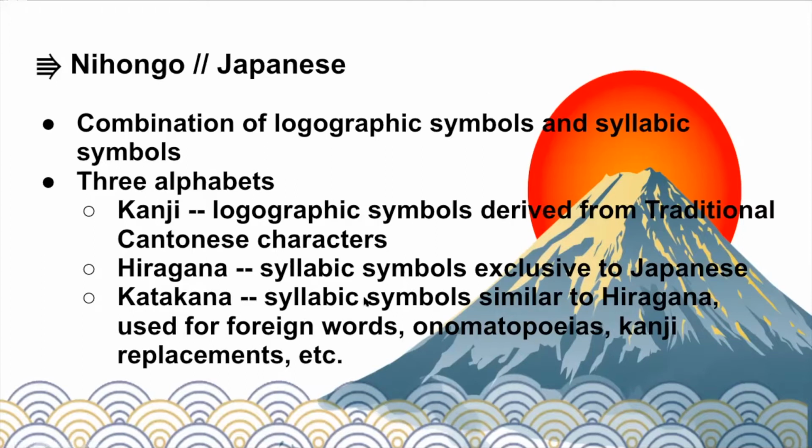And katakana is used for foreign words, like words in English or other languages, onomatopoeias like wow, bang, boom, but the Japanese equivalents. And then sometimes when people are too lazy to write the really complex kanji, they'll just replace it with a katakana character or a set of katakana characters.